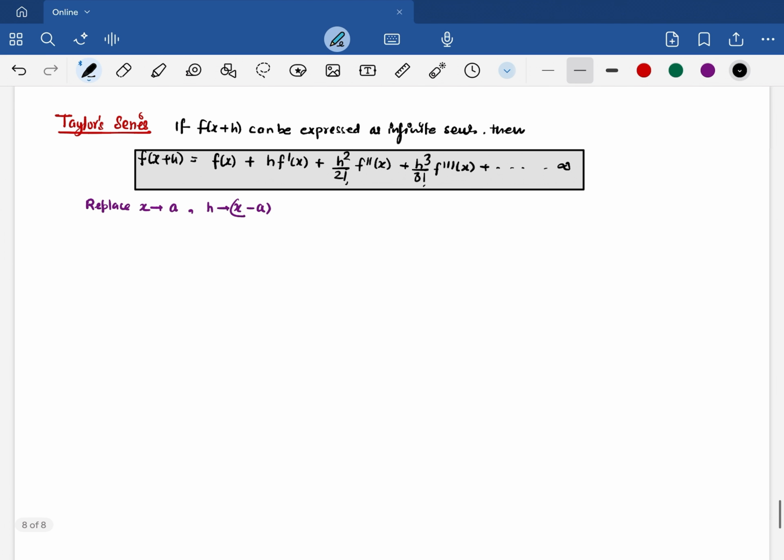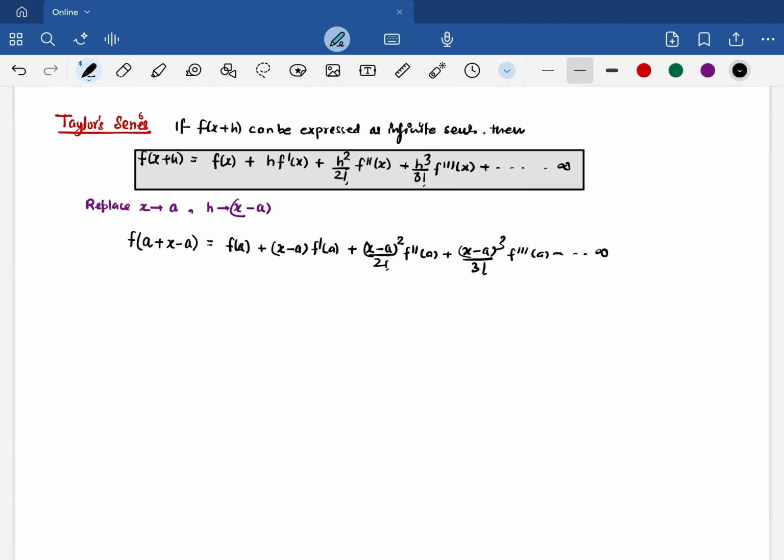OK, can we say x is replaced by a and h is replaced by x minus a. So can we say f of a plus x minus a f dash of a plus x minus a whole square upon 2 factorial f double dash of a and x minus a cube divided by 3 factorial f triple dash of a and so on.